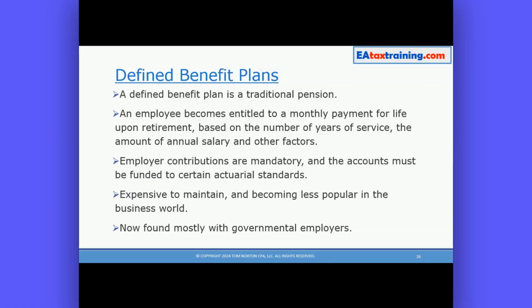And then you will then get a monthly payment for the rest of your life. No matter how long you live, you will get a monthly payment, and that is your pension. So that is a defined benefit plan. The benefit, that monthly amount that you get, is defined by the plan based on those various factors.